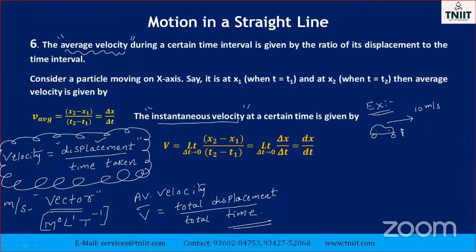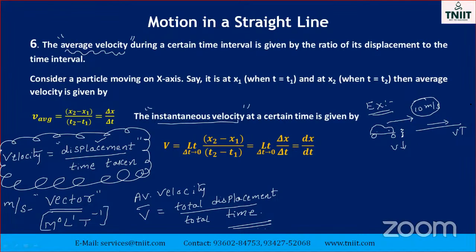Because if a sudden brake is applied, the velocity decreases. If there is no brake at all, then it moves very fast and the speed increases. So in the traffic, the car cannot keep a constant value. For every moment, it keeps on changing.